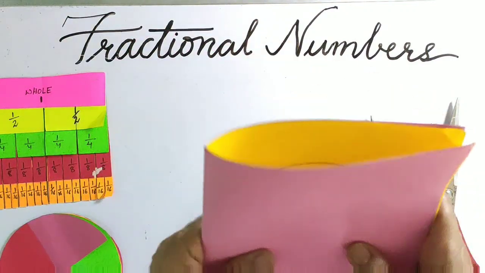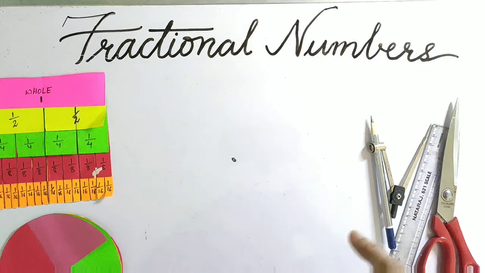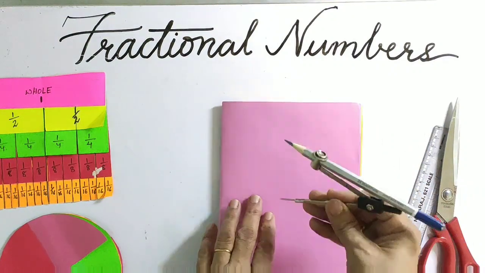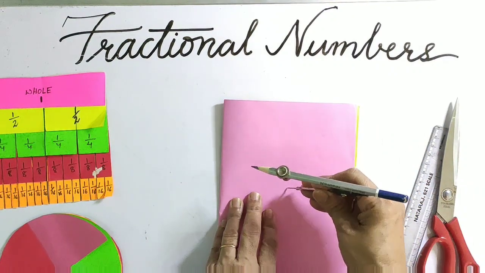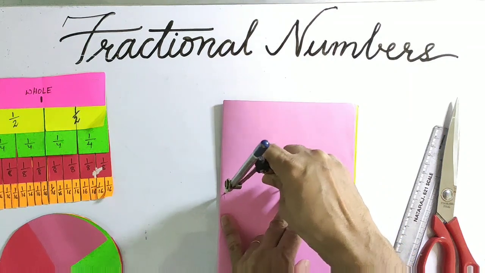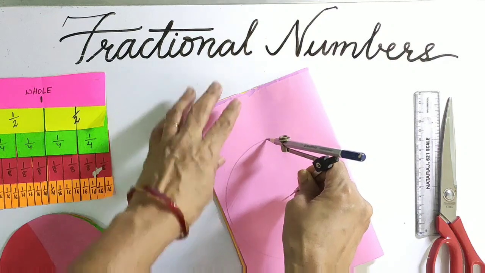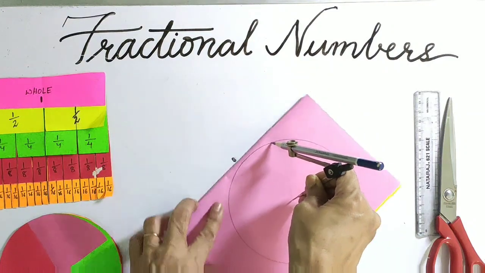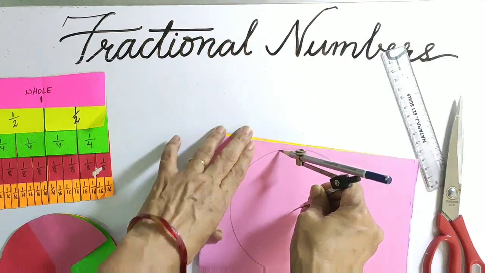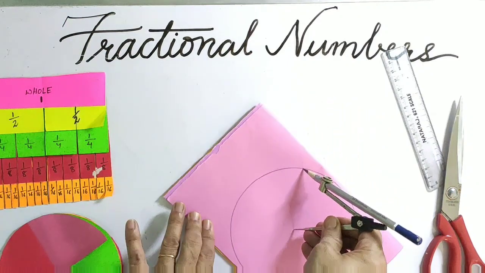Now we will draw a circle on these papers, of same radius, and cut it into circle.